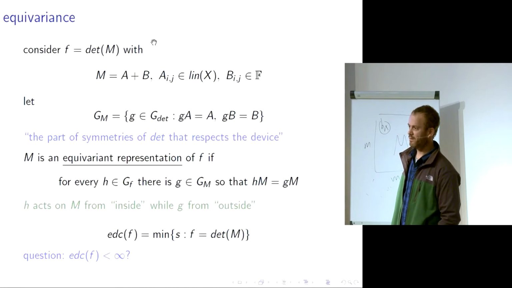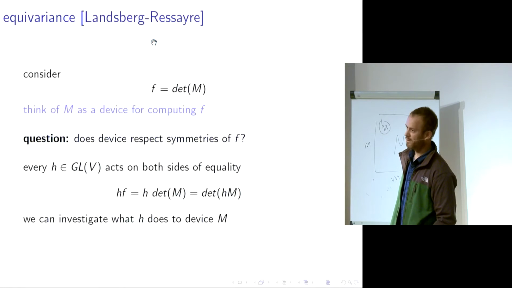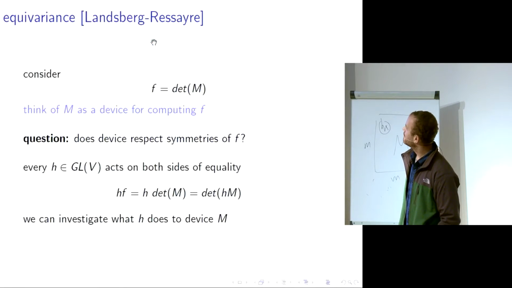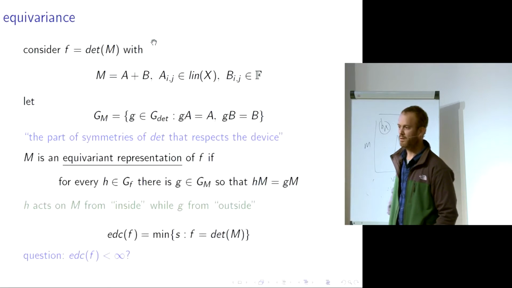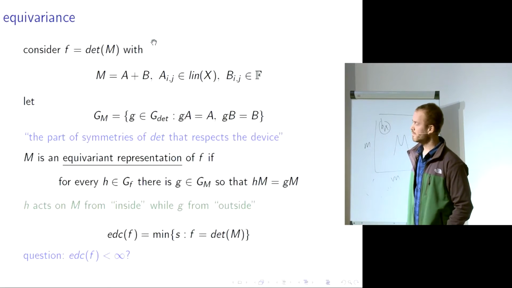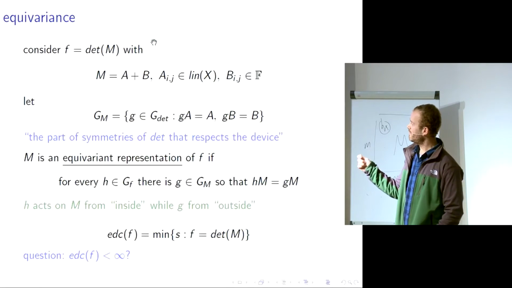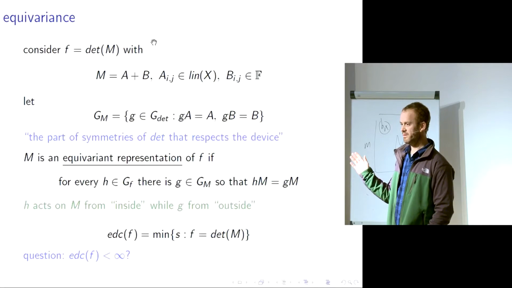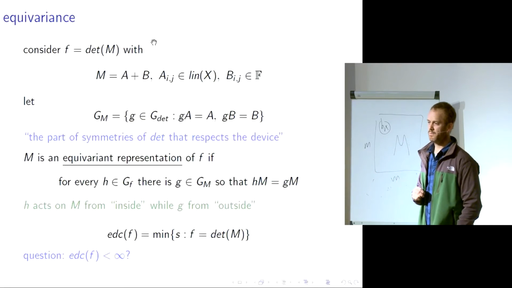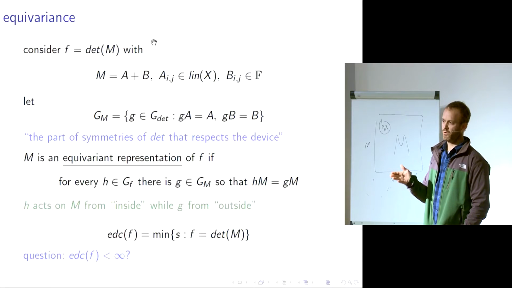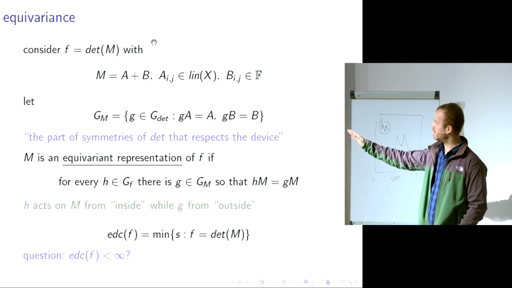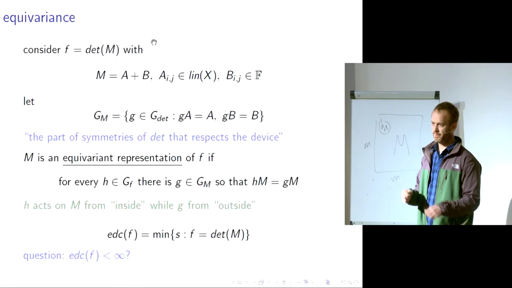Landsberg and Ressayre. It was written here. For polynomials without symmetries, it's just the same old thing. If F does not have symmetries, it's the same. So for a generic polynomial, it's the same.